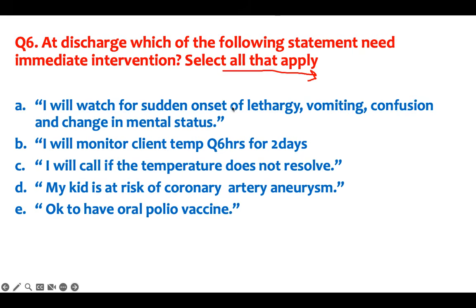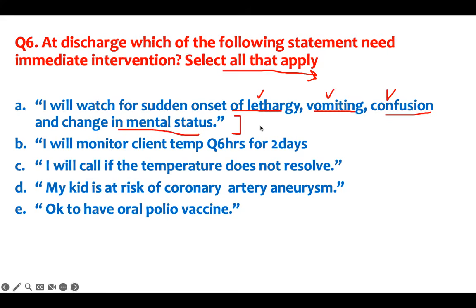I will watch for sudden onset of lethargy, vomiting, confusion, and change in mental status. You said, what is that? Kid is lethargic, okay? He's vomiting, GI symptoms. He's confused. He can't think. And he has mental status change. Critical thinking. That's why I said this case is a critical thinking. Which things will cause that? The kid is not drunk, right?